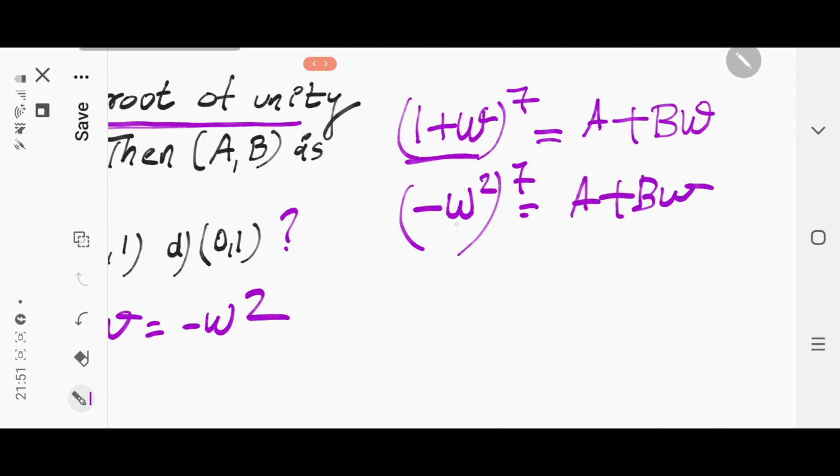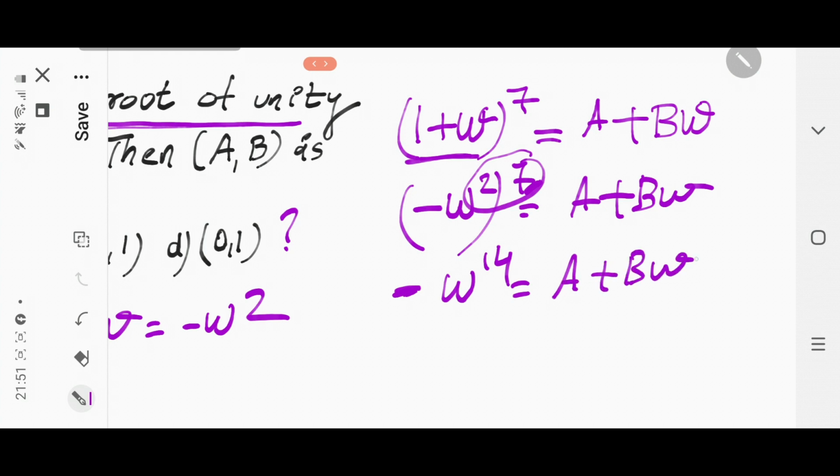The power is 7, an odd power, therefore the minus will remain. Therefore, minus omega raised to 2 into 7, that means omega raised to 14.